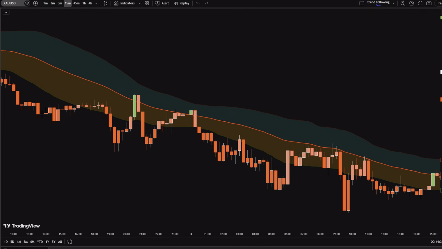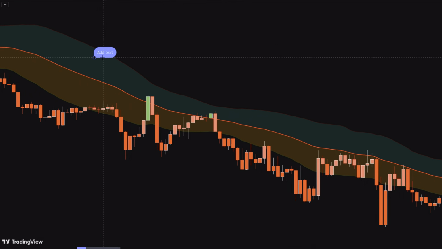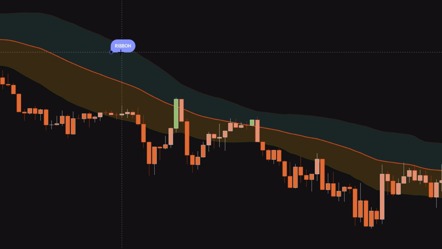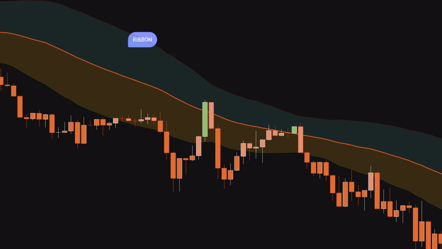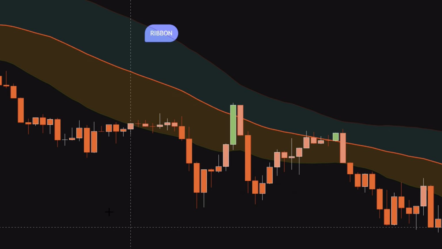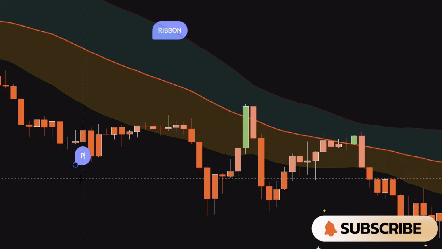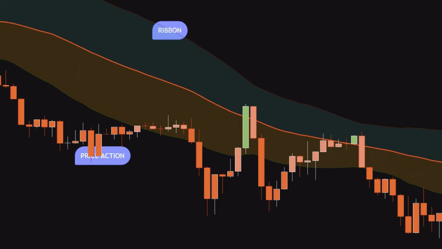On the short side, it's the mirror image. Price trading below the bands, downtrend confirmed. Pull back up to the middle line.